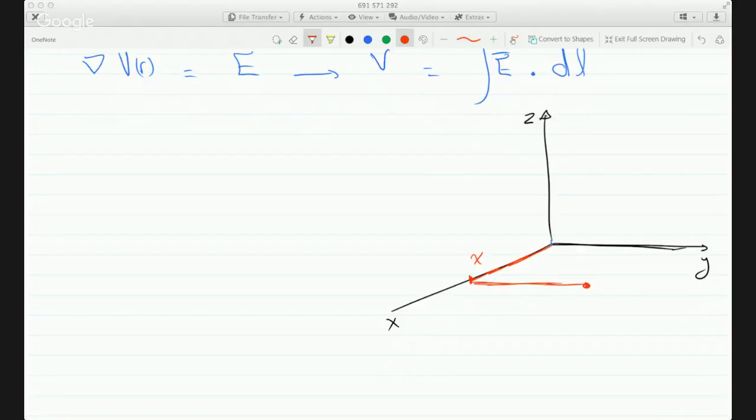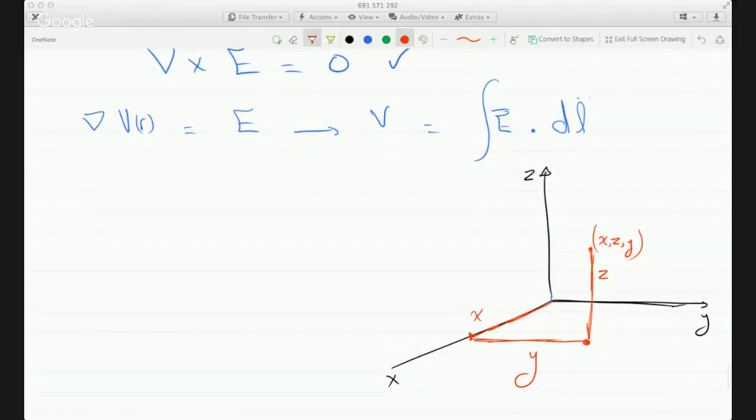So let's see here, and then we can hold x and y constant and go up to z. So this arbitrary point would be x, y, z. And then we can go on integrating each one of these paths.